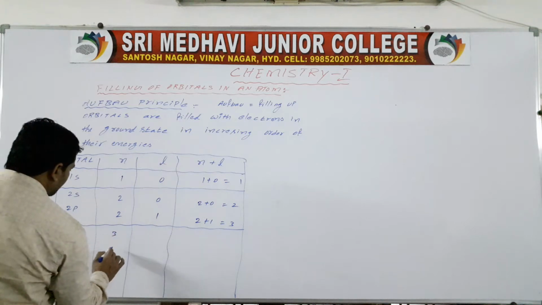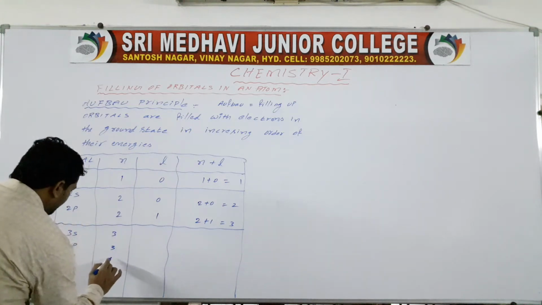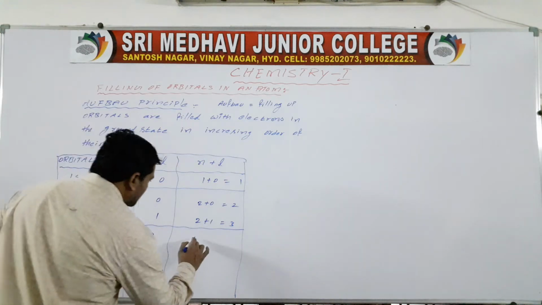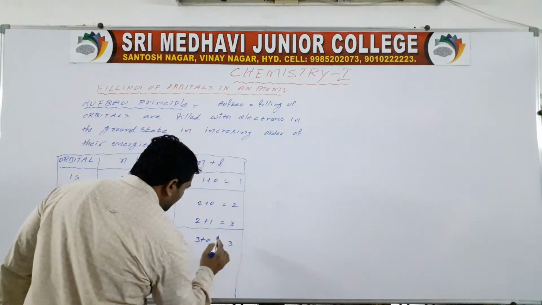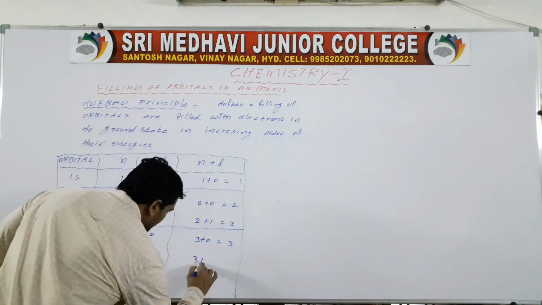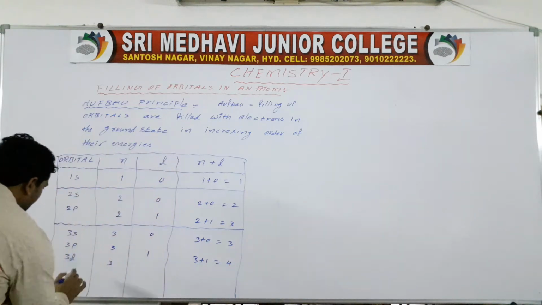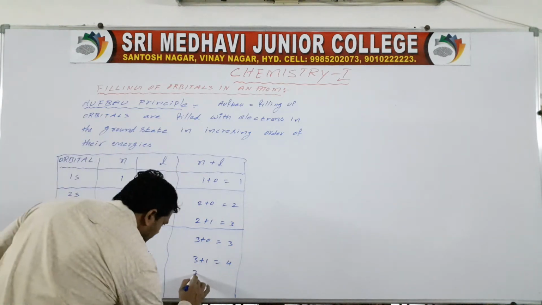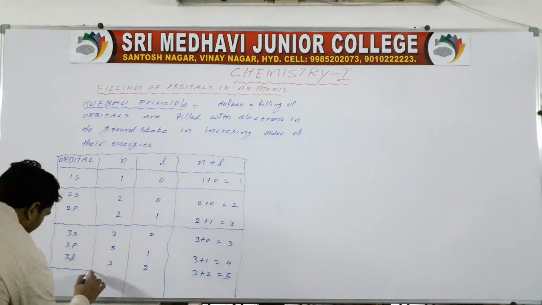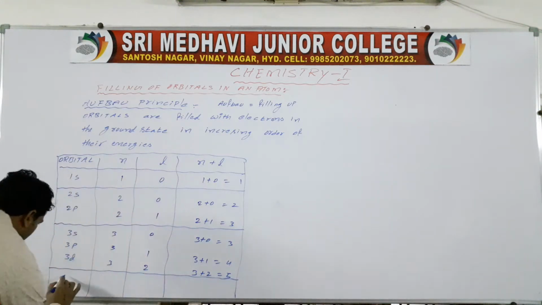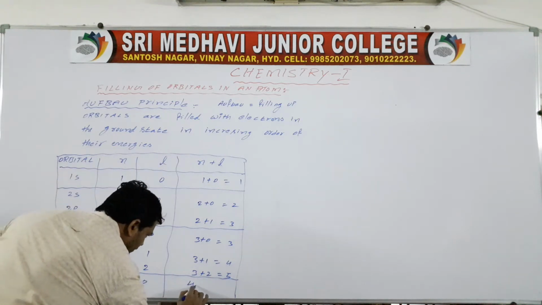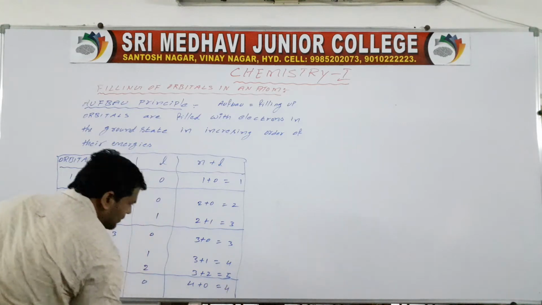For s orbital l is 0, 3 plus 0 equal to 3, then 3p, 3 plus 1 equal to 4, and 3d, 3 plus 2 equal to 5, then 4s, 4 plus 0 equal to 4.